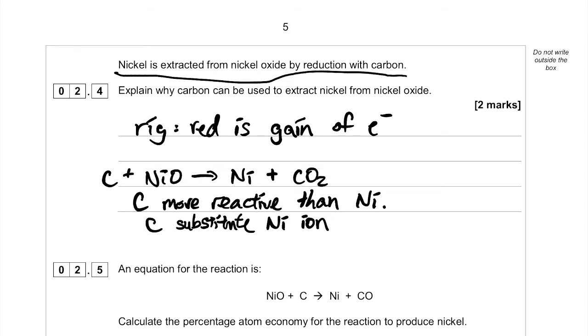So the 2 marks come from either saying what reduction is in terms of electrons, saying that carbon is more reactive than nickel, or talking about carbon replacing the nickel ion.